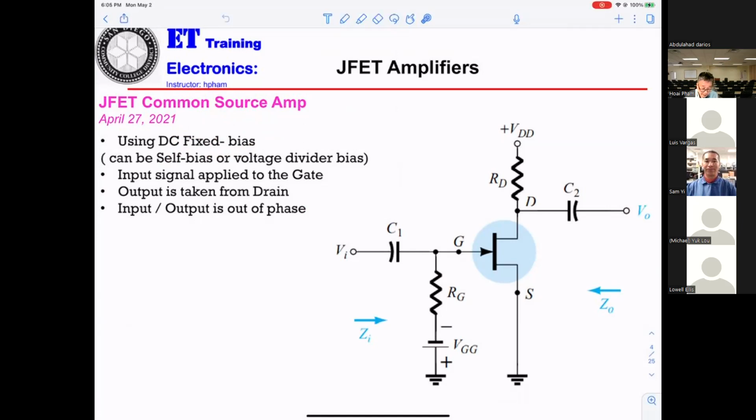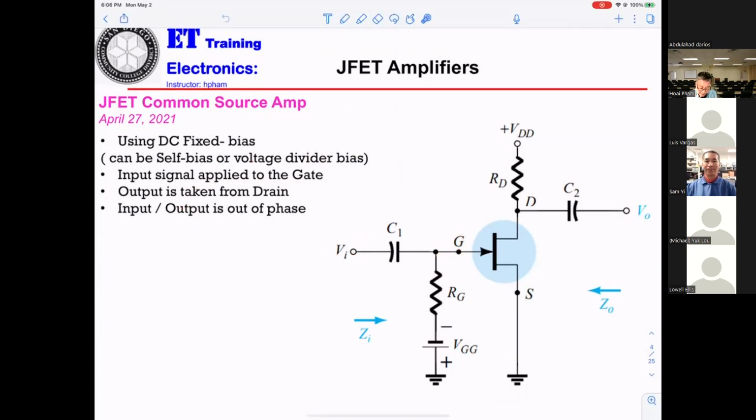And I say it can be self bias or the voltage divider bias. That's to try to help you memorize, okay? Input signal is applied to the gate right here, V in, applied to the gate.